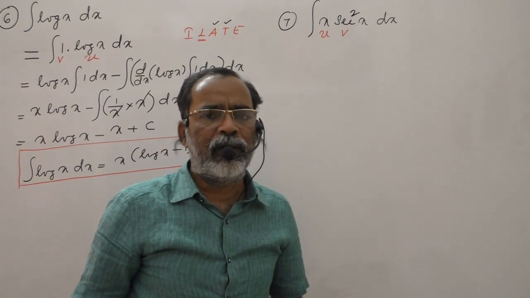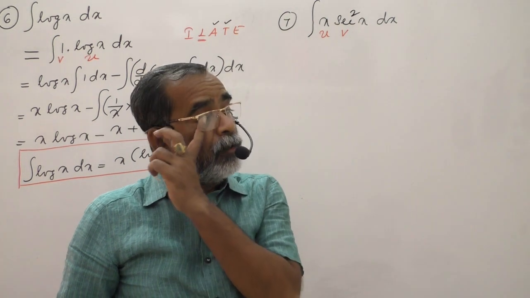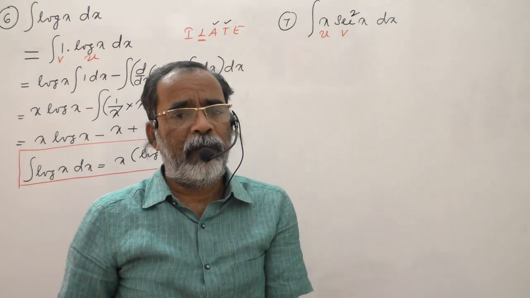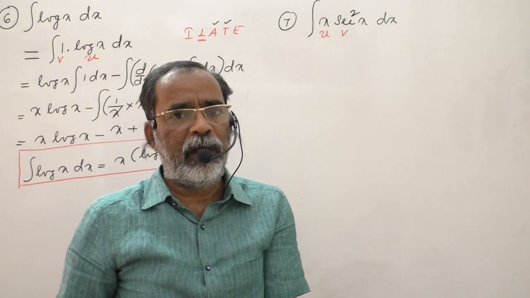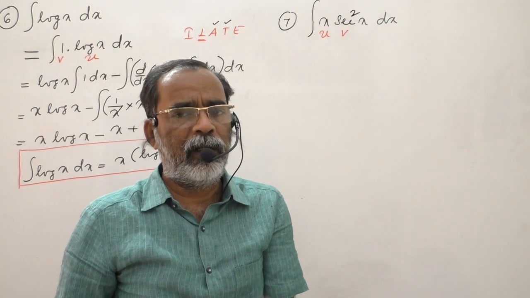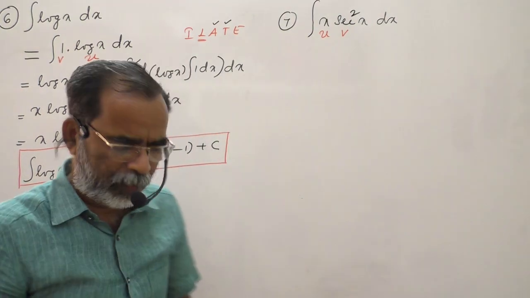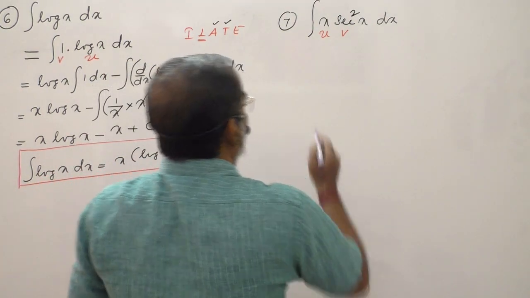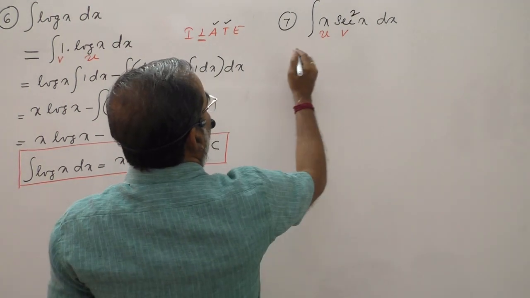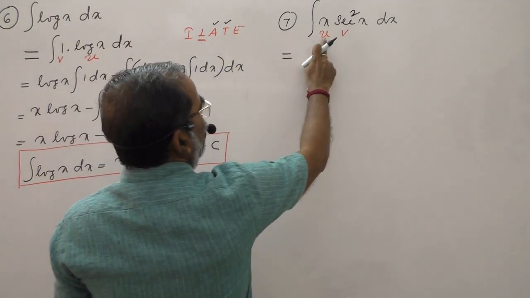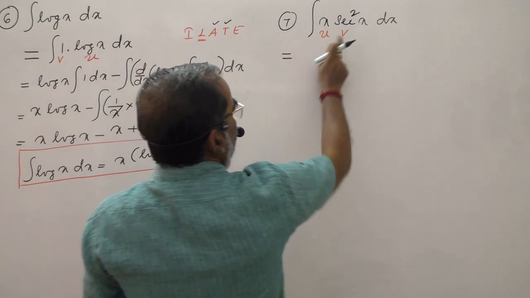The second function should be such that its integral can be evaluated easily. See now according to this phrase, I decided this is u, this is v.